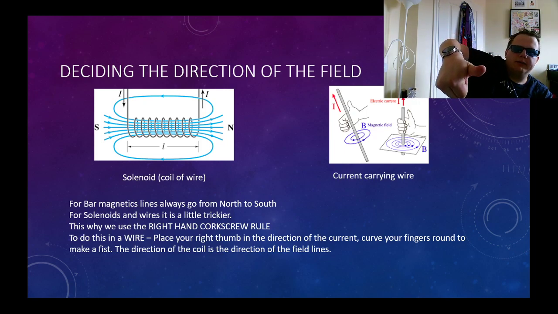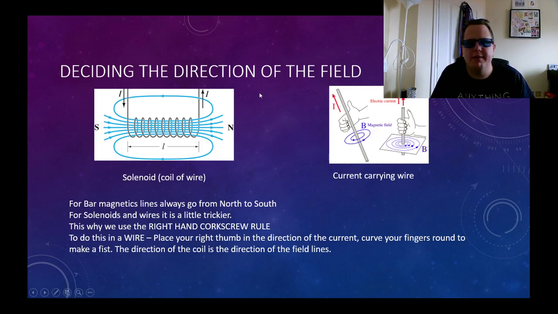In our diagram here, the current goes up, so our thumb points up, and the field lines go round in the same direction as our fingers curl.